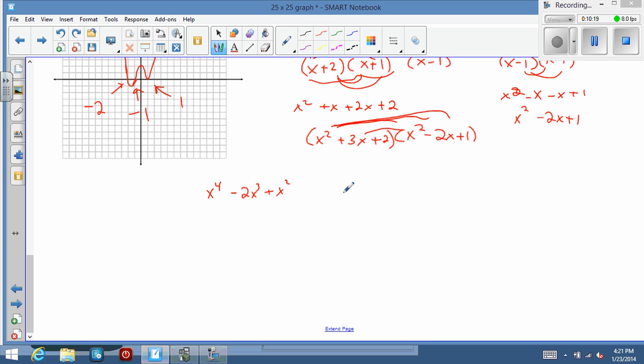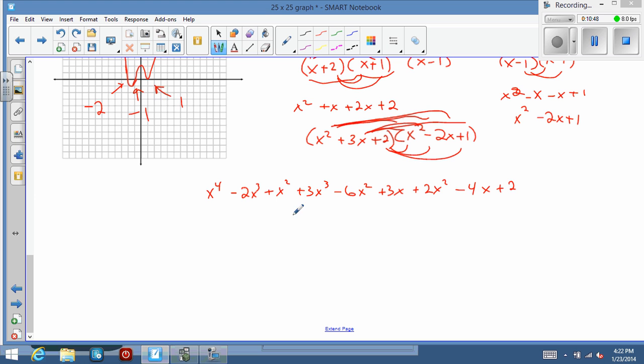Now 3x times x squared is 3x cubed. 3x times negative 2x is negative 6x squared. 3x times 1 is 3x. And the last one, 2 times x squared is 2x squared. 2 times negative 2x is negative 4x. And 2 times 1 is positive 2.